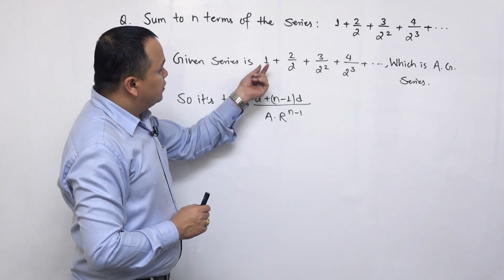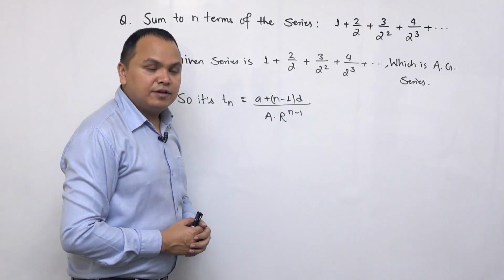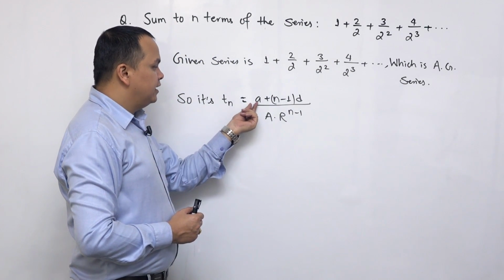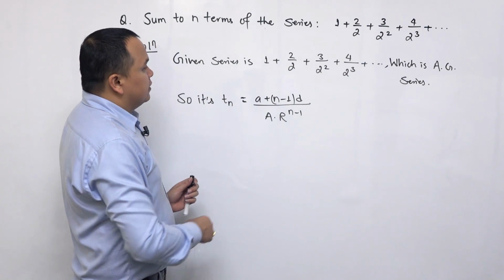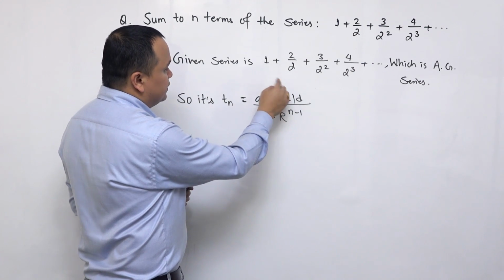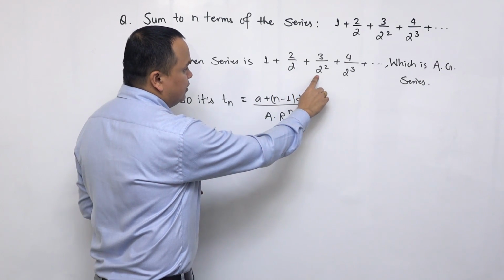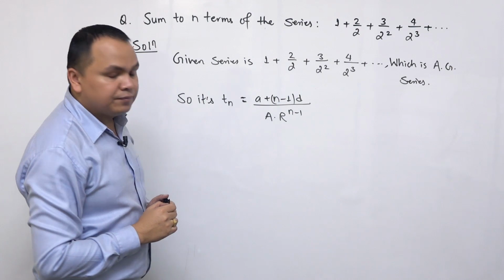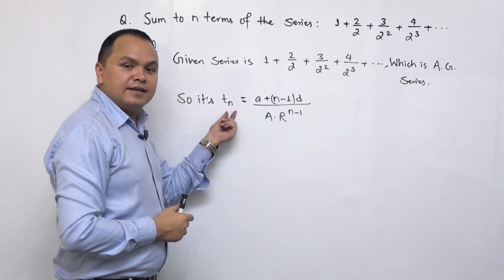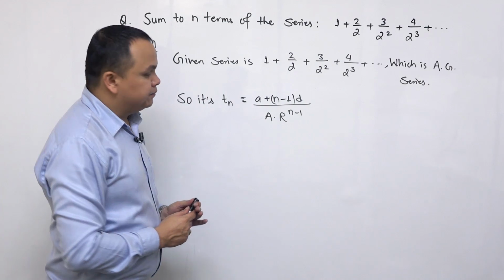Because in the numerator part we take 1, 2, 3, 4 which are in AP, we use Tn is a plus n minus 1 times d. And clearly in the denominator part 1, 2, 2 square, 2 cube are in GP, so we use Tn is a into r to the power n minus 1.